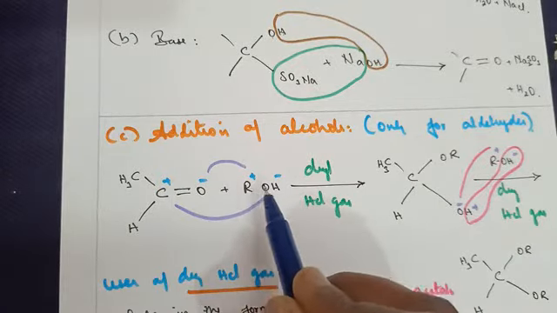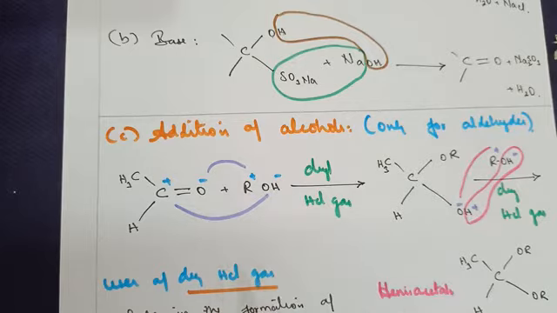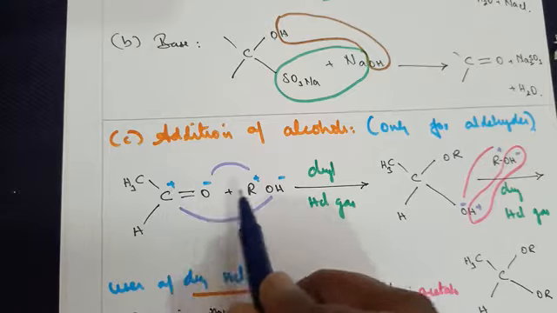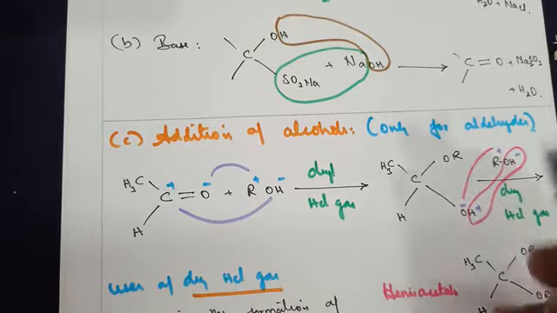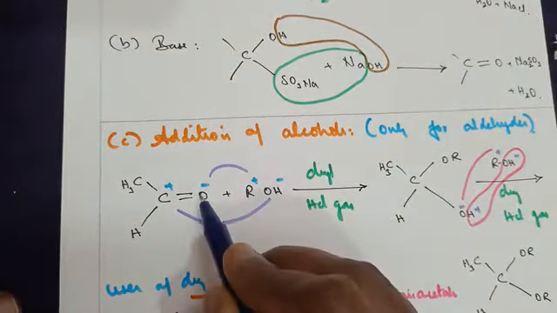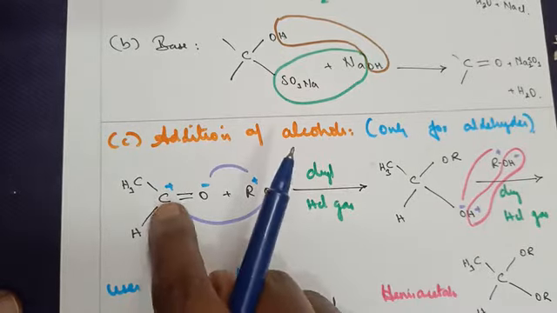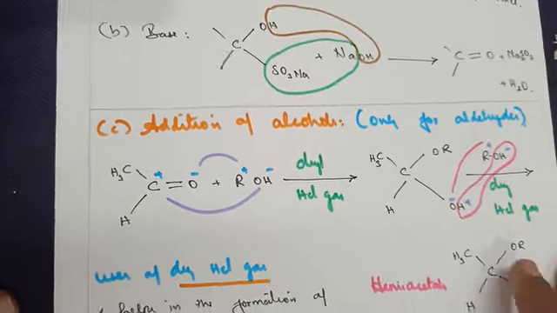So you know that in alcohol, the hydroxyl group has got a negative charge, the alkyl group has got a positive charge, and plus and minus will combine together. As you learnt in the previous class, O and R will get together giving us the OR formation. C will combine with the OH here.